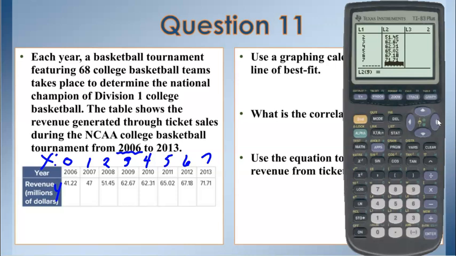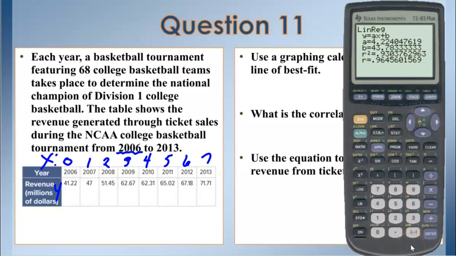Once you have entered all the numbers into your calculator, we need to find the line of best fit. To do that, we're going to hit stat, go to calculate, and since this is linear, we're going to go to linear regression, which is number 4, and then hit enter. Now here they give us our equation.